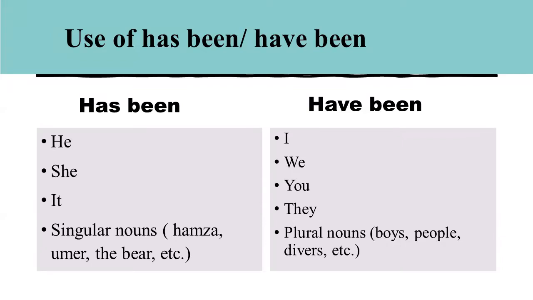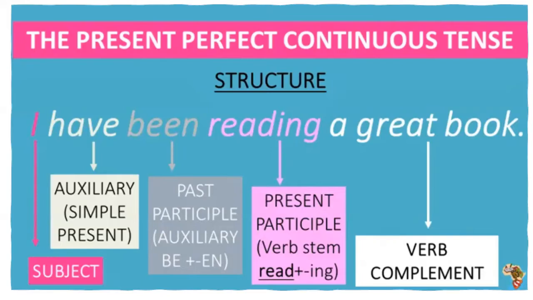So the structure of present perfect continuous tense goes like this. Look at the example. I have been reading a great book. I is the subject. With the pronoun I at the subject position, we use have. What do we use? Have. Have is the simple present auxiliary.